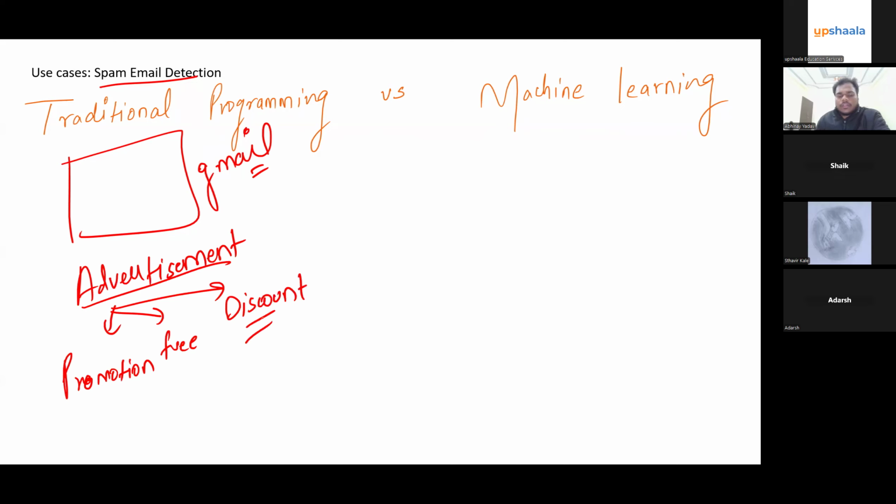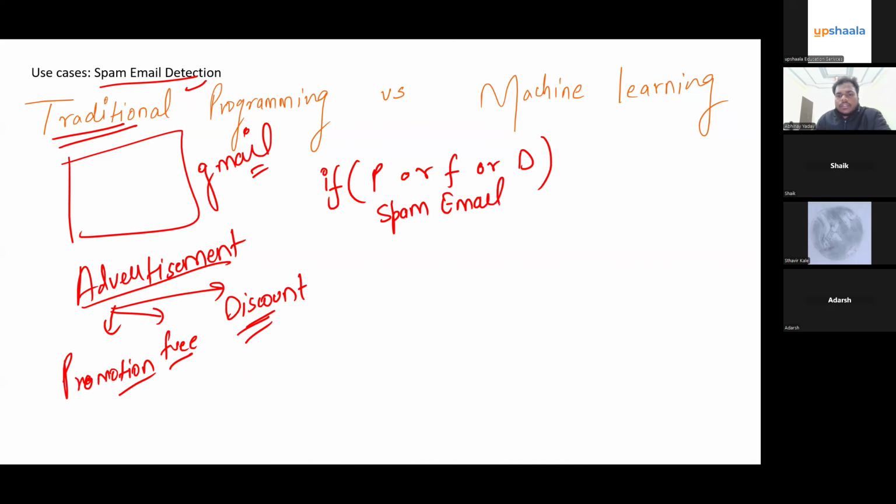So what happens when you use traditional programming? You write an if condition: if you get the promotion word, or the free word, or the discount word, you classify that email into the category of spam. So you will say this email is spam email.